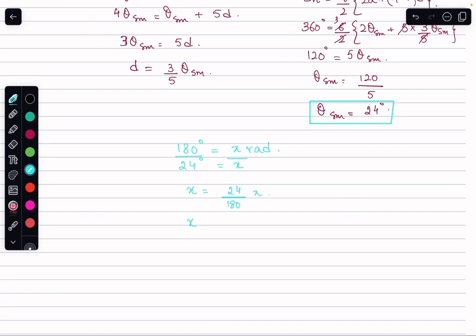So this theta value in terms of radians shall be equal to 24 pi divided by 180. So this angle value here is going to be 0.41888 radians. So this is the angle value for the smallest sector, which equals 0.41888 radians.